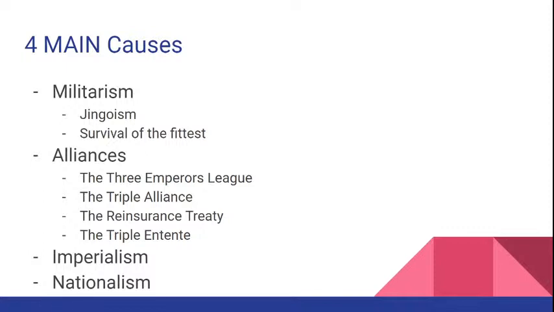So that is why militarism is one of the four main long-term causes of World War I. And they thought that only the use of force could solve problems among nations, and there was definitely an idea of survival of the fittest.